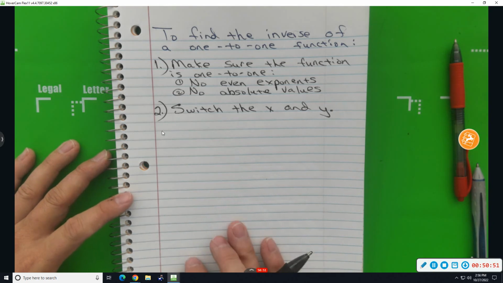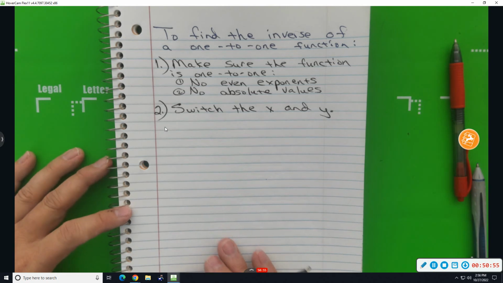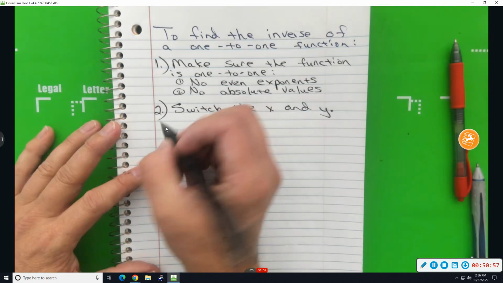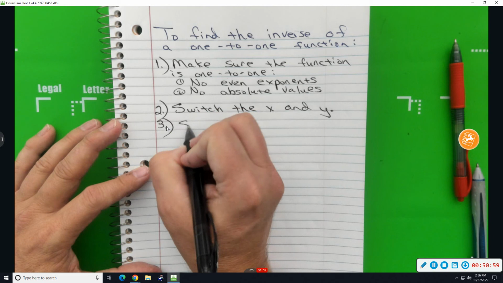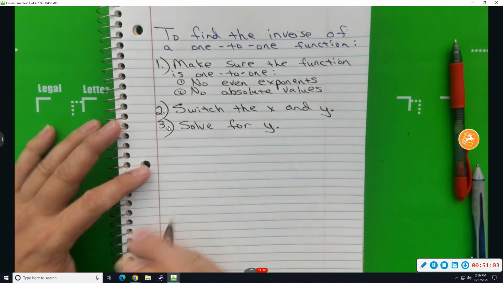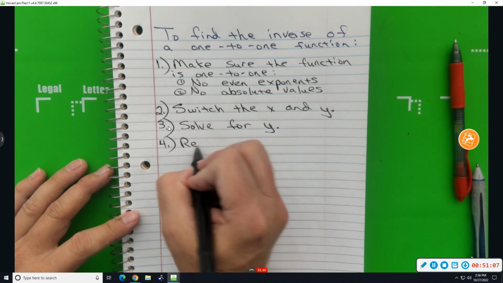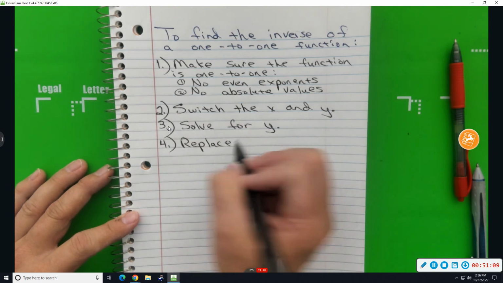At that point, you have an equation that represents the inverse, but they want you to write it in inverse function notation. So the third step will be to solve for y. And then the fourth step, replace y with the f inverse notation.